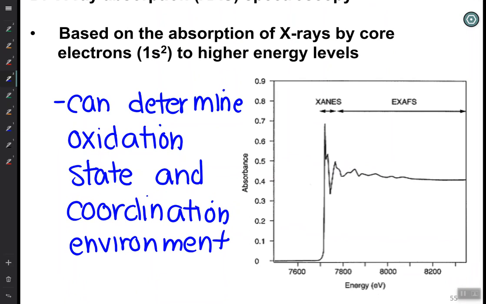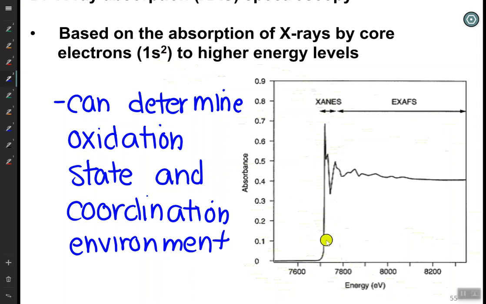So this is what you'll typically get from a XAS type experiment. This plot shows the energy of absorption on the x-axis and absorption on the y-axis. We usually divide the spectrum into two parts, the XANES and the EXAFS. XANES stands for X-ray absorption near edge structure, and this shows you the energy of absorption from the s orbital.